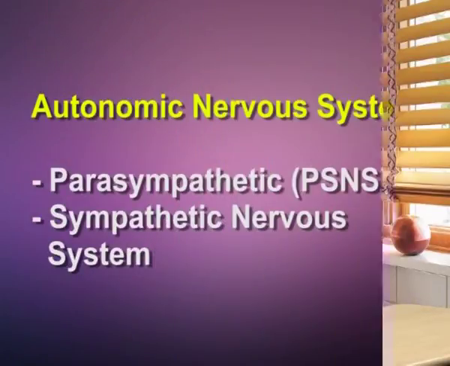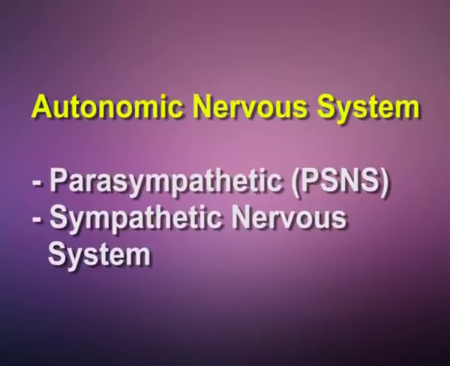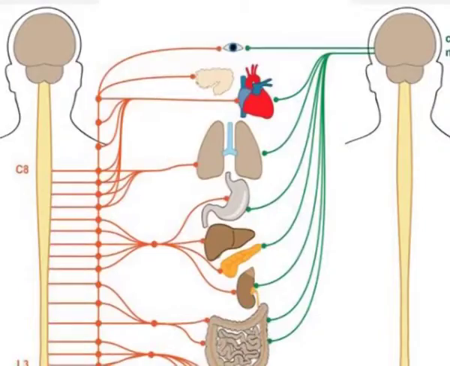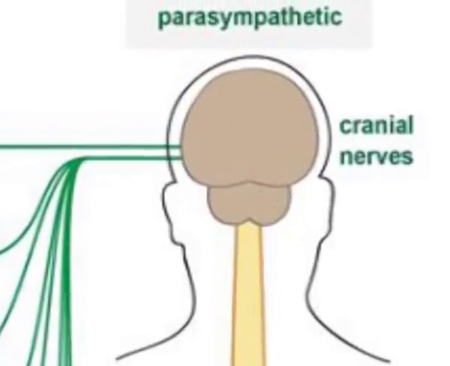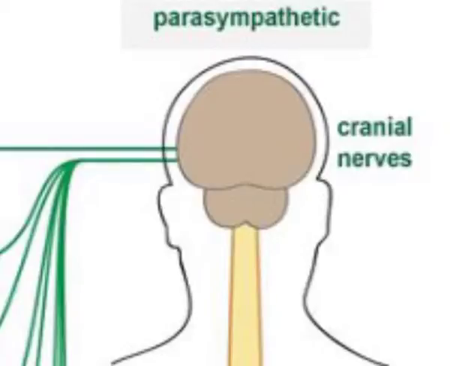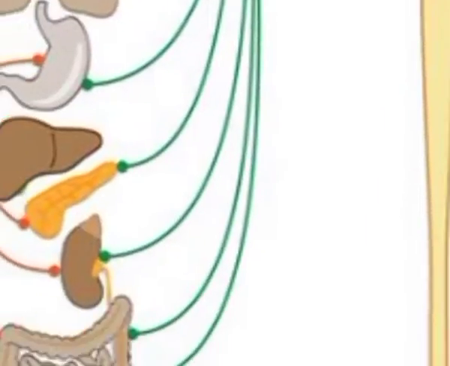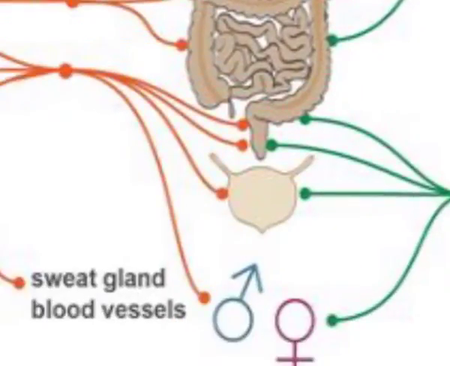The parasympathetic, usually abbreviated as PSNS, and sympathetic nervous system are the two divisions of the autonomic nervous system. The parasympathetic nervous system arises from the central nervous system. Parasympathetic outflow comprises both cranial and sacral components.